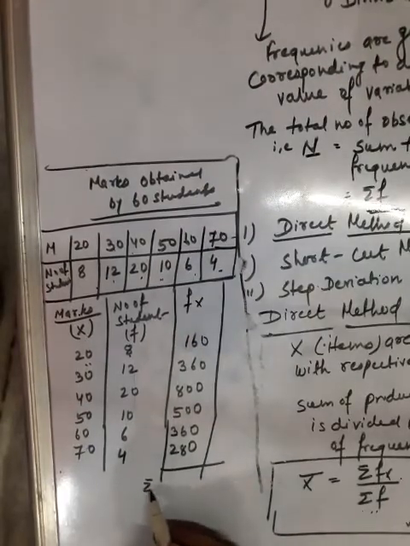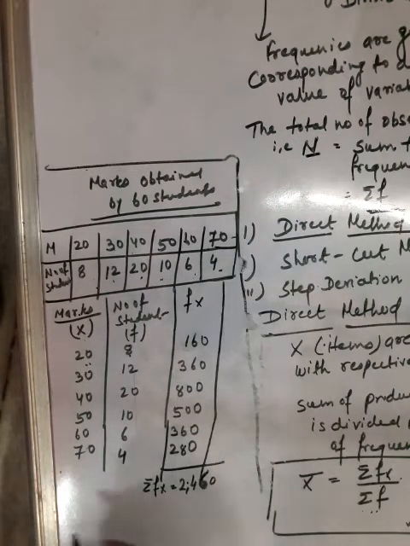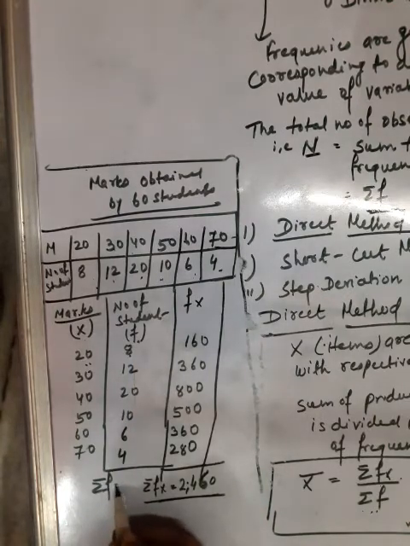We will add this up to get summation of fx, which is 2460. Then we add the frequencies, summation of f, that is 60.